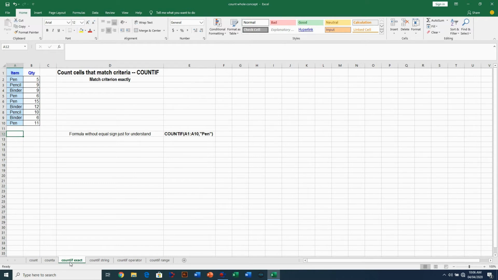Going to count if exact. What does it do? Let's start. Equal sign, count if, bracket open, selecting the range, comma.